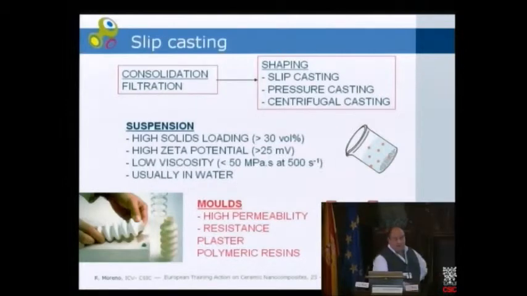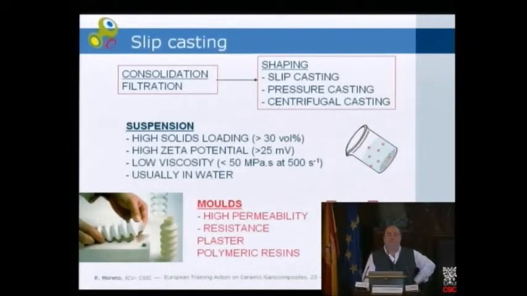In general, plaster molds are constructed for conventional slip casting, but in industry for pressure slip casting, the main problem is that plaster cannot support a few megapascals. About 3 or 4 megapascals are necessary for several operations, and then polymeric resins are used.